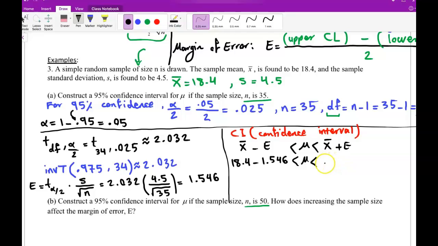This side we need to add. We have same numbers. So what we have here, our interval is, so here is subtracting, here adding, we have 16.85, comma, on this side is 19.95.